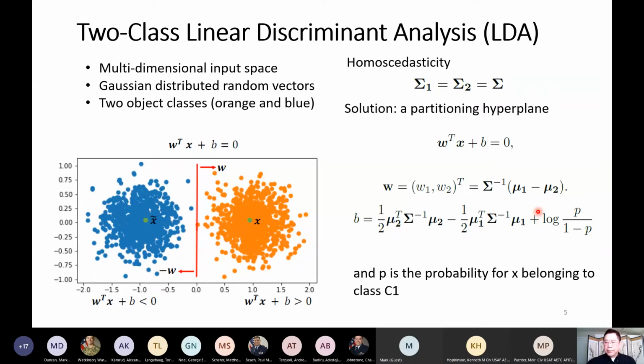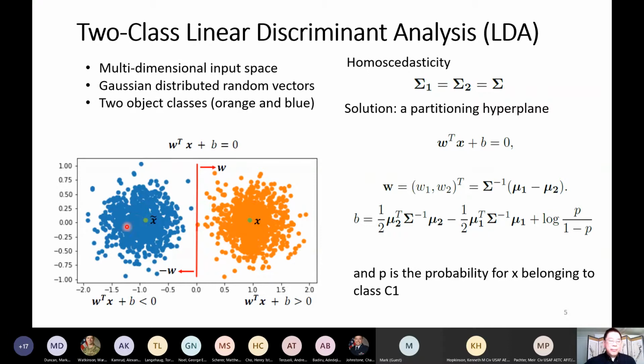For the convenience of visualization, I use a two-dimensional input, with one dimension along the horizontal axis X and another along Y. The LDA assumes there are two Gaussian distributions. One Gaussian distribution belongs to one class, denoted by the orange color, and the other class is a Gaussian distribution denoted by the blue color.